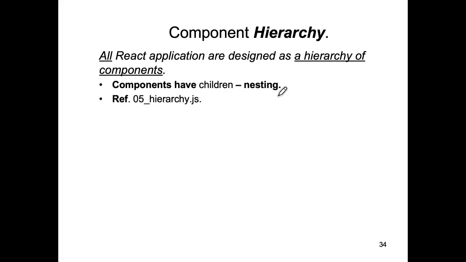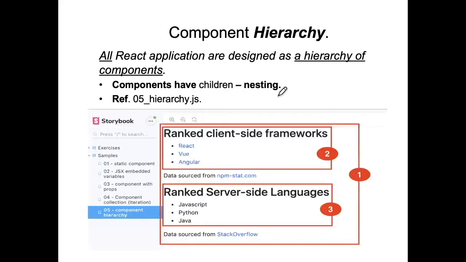Just by way of illustration, I have a sample 5 illustrating it. Again, it's a made up example, but in my sample 5, this is what I'm trying to achieve. I want to have 3 components, where one of them is the parent and the other 2 are children of that parent.